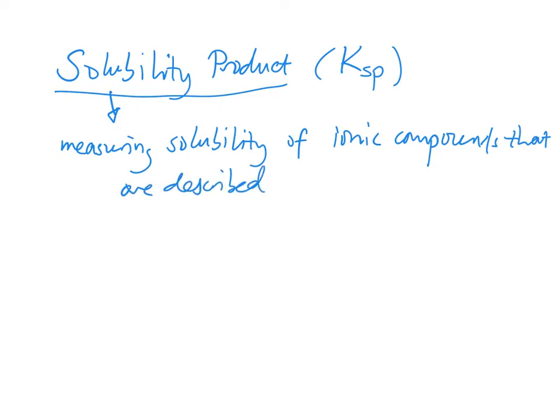So things that don't appear to dissolve very much in water, but actually do in fact dissolve a little bit. So, for example, let's imagine that we have something like calcium carbonate. Limestone, essentially, or one of the big components of limestone, or marble.